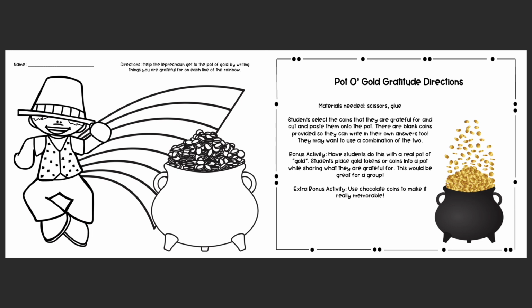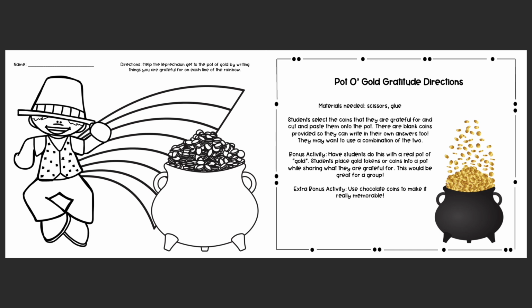A bonus activity is you can have them do it with a real pot of gold. You would have an actual little pot and some gold tokens or gold coins, and students can put them in the pot as they touch each token, say something they're grateful for, and put it in the pot. Extra fun, use chocolate coins. That would make it really memorable.